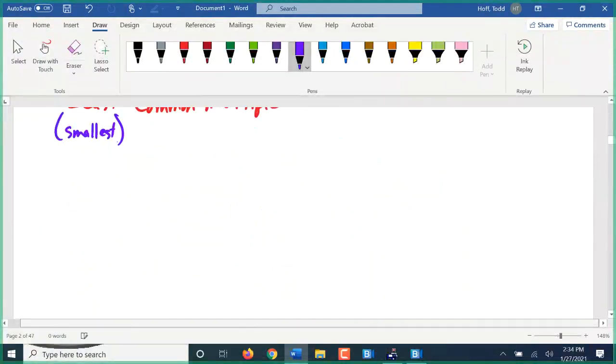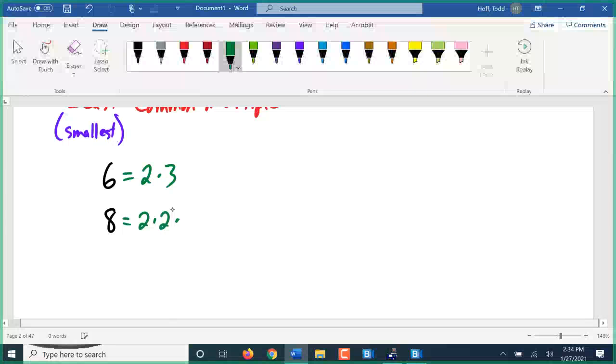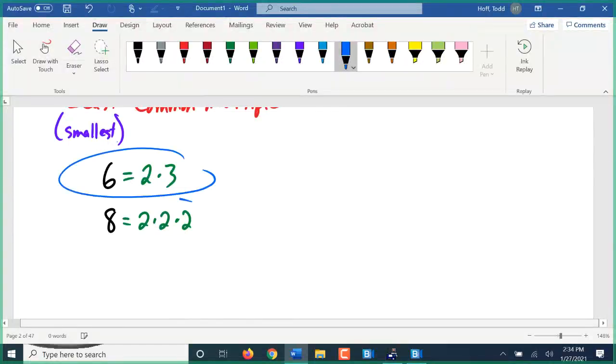Let's look at our 6 and 8 here and factor them. Prime factoring 6 is 2 times 3. For 8, it's 2 times 2 times 2 right here, right? When we look at those factors, are there any in the 6 that the 8 doesn't have? Yes. What is it? 3.